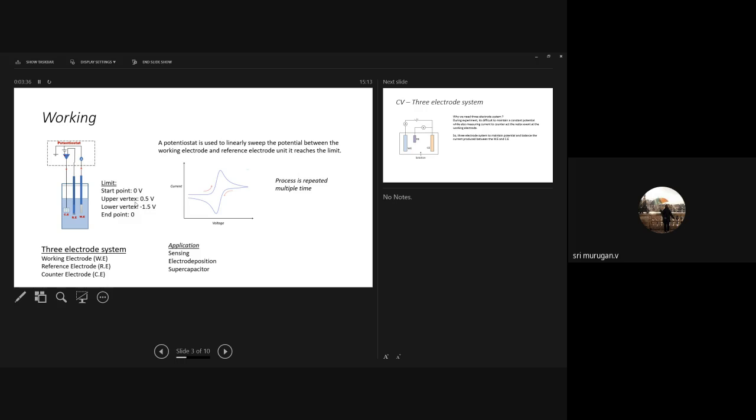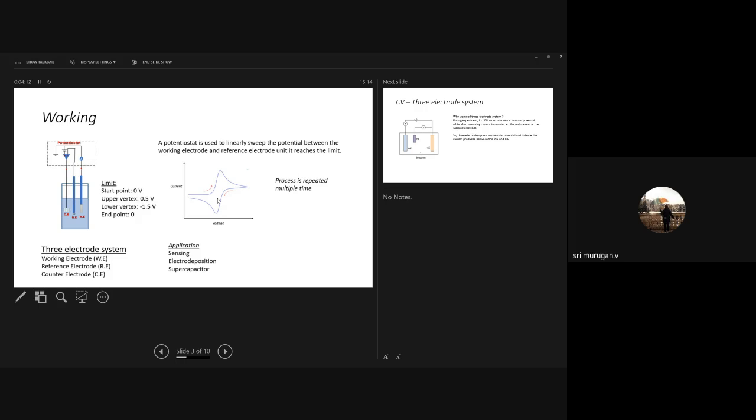Since it is the upper vertex, we start from the positive side. Once started, it goes down, 0.4, 0.3 like that, and then goes to the negative axis. By sweeping the voltage, it simultaneously measures the current. From that, we get a curve like this, which they call a duck-shaped curve. This is the actual CV graph.